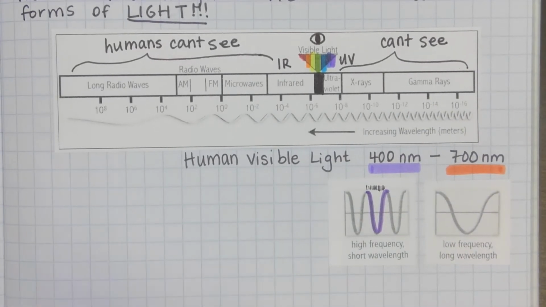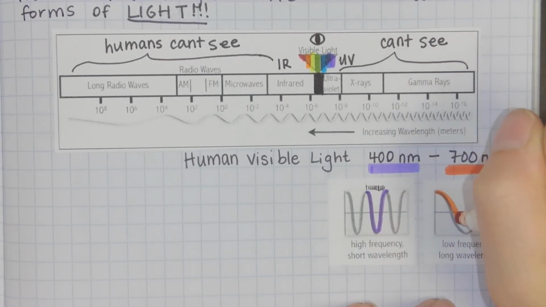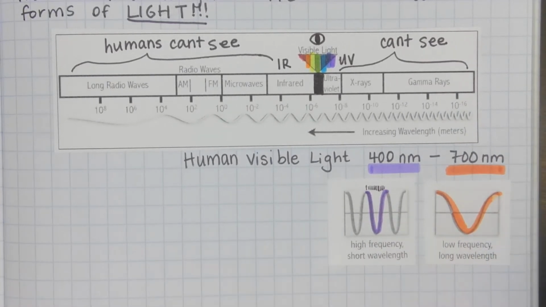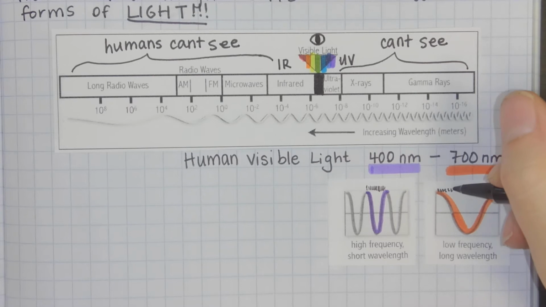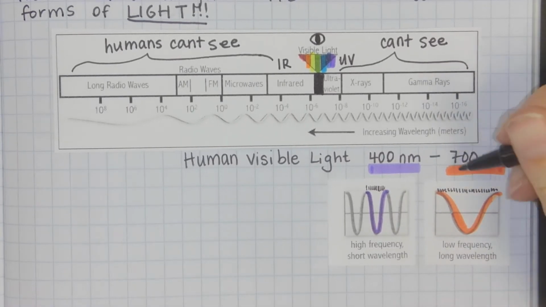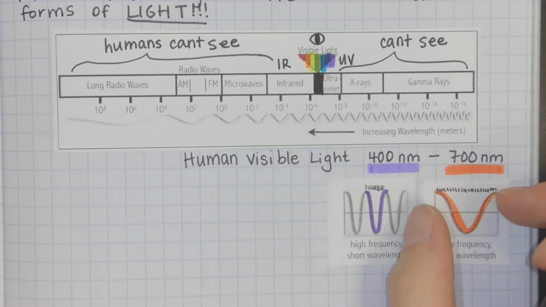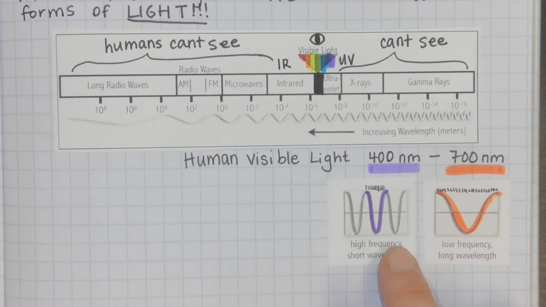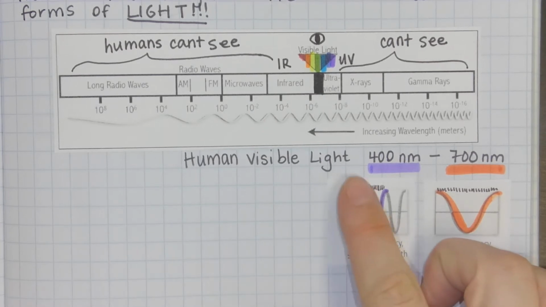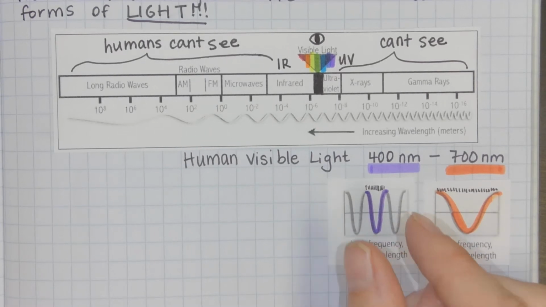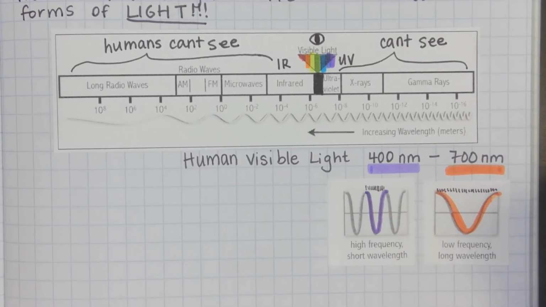With red, I would be able to count way more. I should be able to count 700 versus 400. So purple has a high frequency. It's passing by much more frequently, and it has a shorter wavelength. Low frequency, long wavelength.